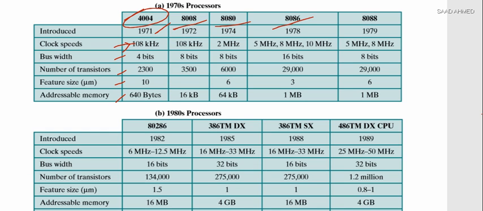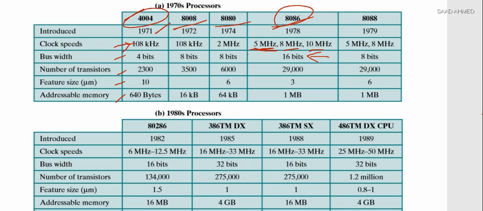This was the first processor which was commercially used in IBM systems and was available for the public to use. The configuration was first introduced with 5 megahertz speed, then 8, and then 10, and it was capable of handling 16-bit data bus.